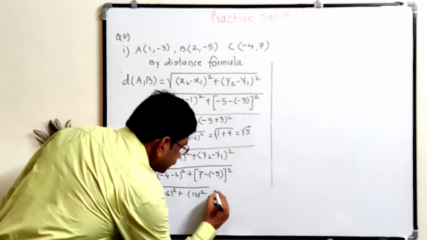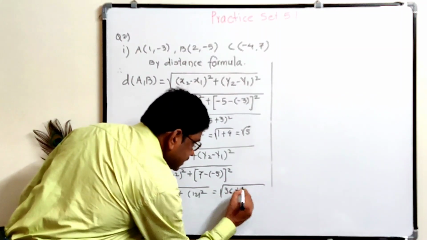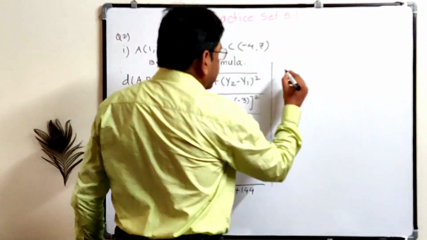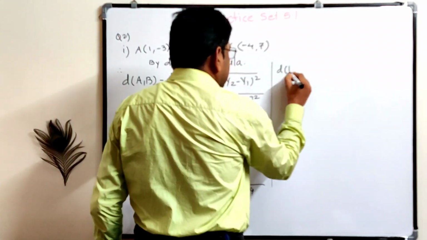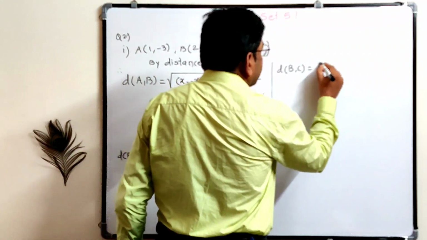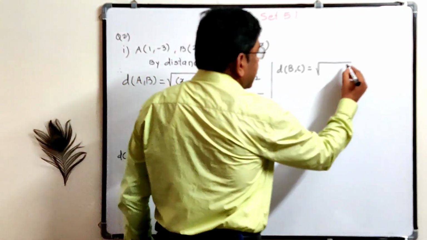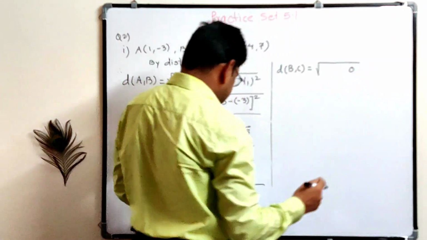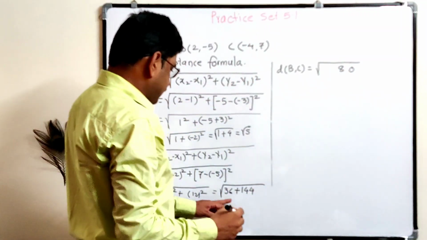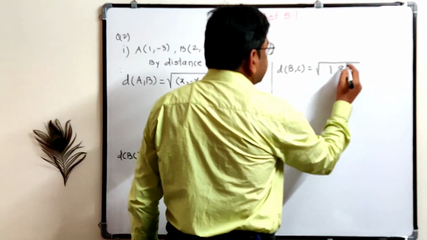Now write 6 square is 36 plus this 144. So distance BC is equal to root of 180.